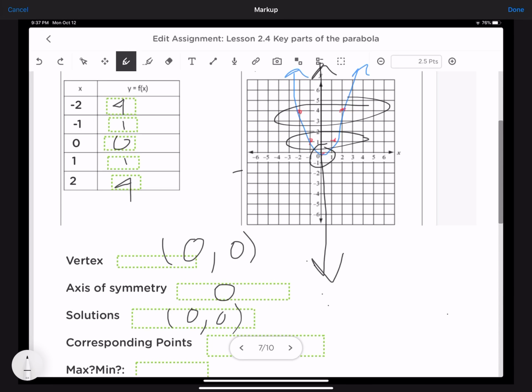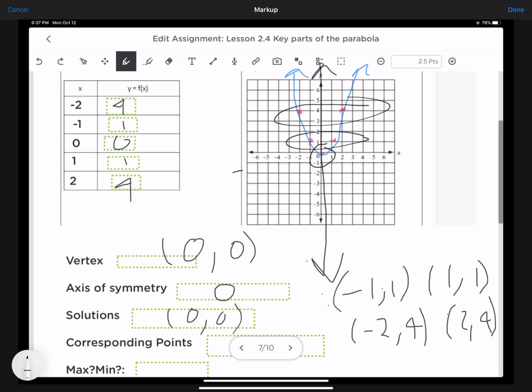We have that -2, 4 and that 2, 4, which makes sense, right? And then we also have that -1, 1 and that 1, 1. So those 2 are my corresponding points.